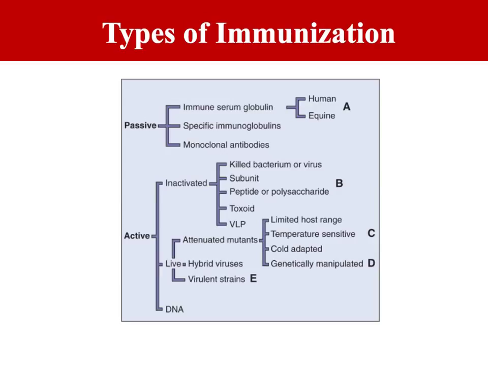Specific immunoglobulins, the rabies gamma globulin would be a great example. So that's not just whole serum shot into a person from an infected animal. That's actually engineered, cleaned up, purified immunoglobulins. The third one would be monoclonal antibodies. The most commonly known monoclonal antibody that is used in passive immunization is actually not against an infectious agent at all.